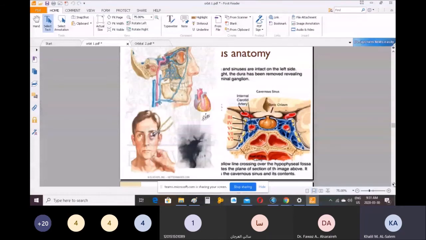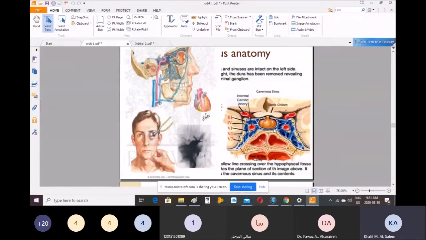If you can see here, at the edge of both areas of the cavernous sinus, you will find the third, the fourth, the fifth, and V1, V2, fifth cranial nerve, and you have inside the cavernous sinus the pituitary gland.